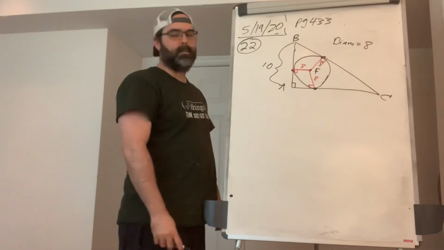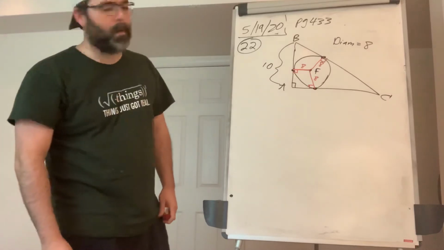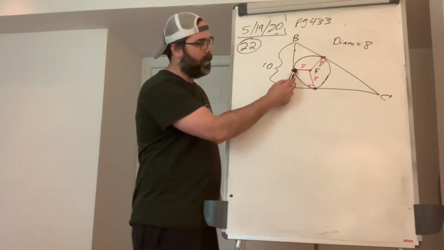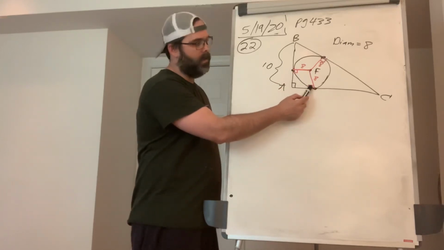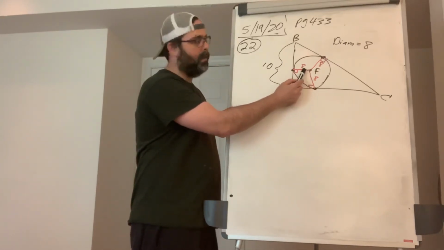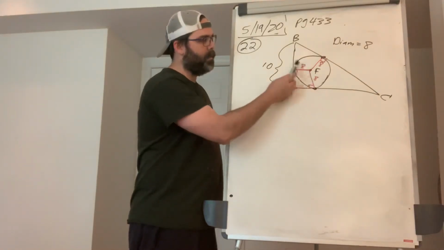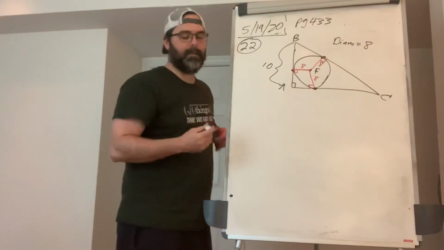I'm waiting. Yes, it's a square. How do I know it's a square? Well, it's got a right angle, a right angle, a right angle. So this has to be a right angle, right? And also the side lengths are the same. So it's got 4 sides, 2 of which are 8, so therefore the other 2 have to be 8.